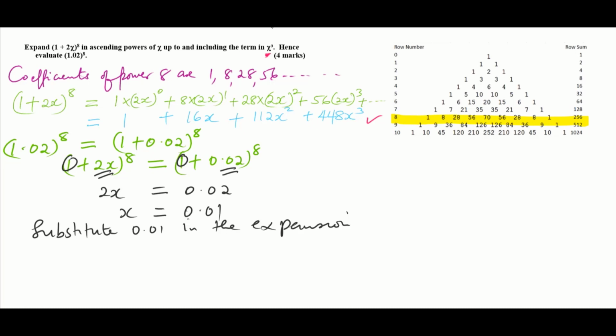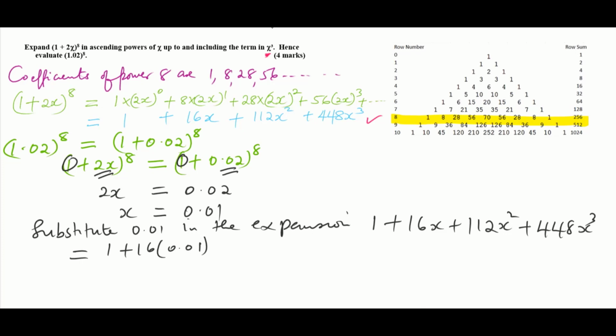Our expansion is 1 plus 16x plus 112x squared plus 448x cubed. So when we substitute, this is what you're going to have: 1 plus 16(0.01) plus 112(0.01)^2 plus 448(0.01)^3.